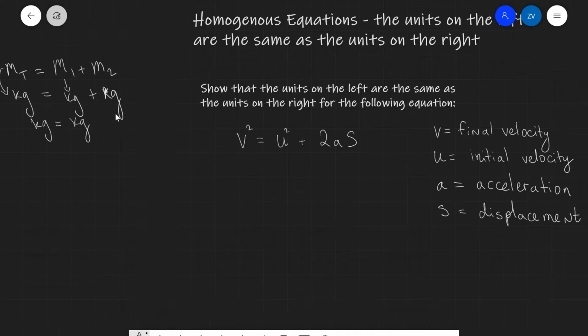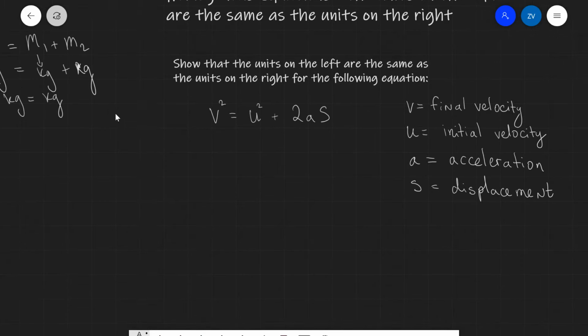Okay, so let's have a look at a slightly more complicated example. This is one equation that we're going to be looking at when we are doing linear motion under constant acceleration. v squared is equal to u squared plus 2as. In this equation, v is the final velocity, so that will be measured in meters per second.